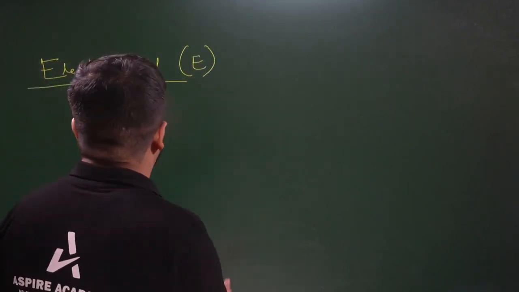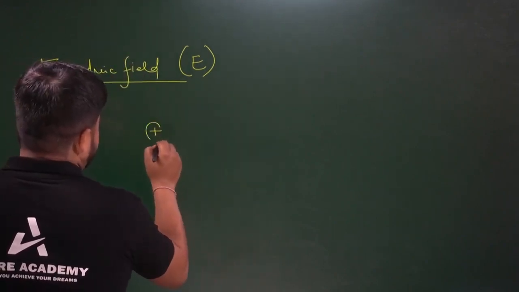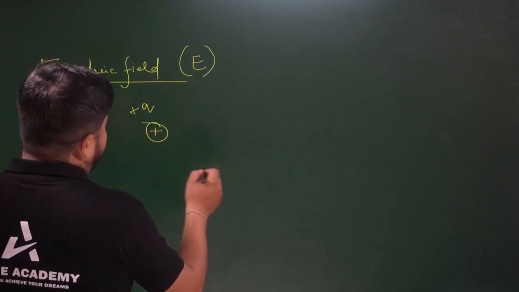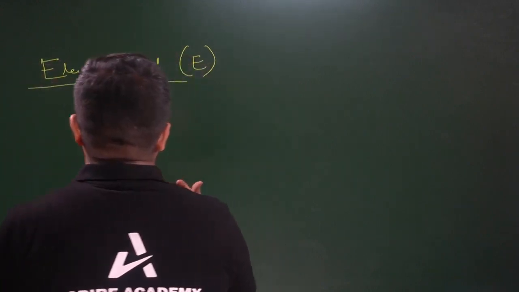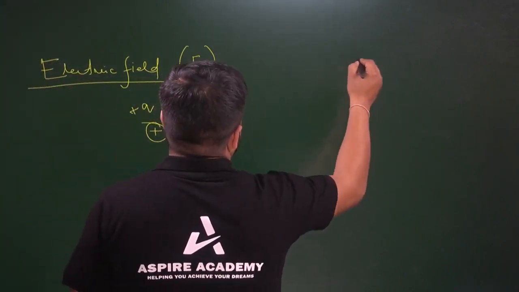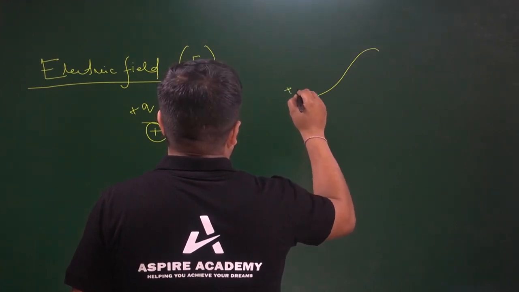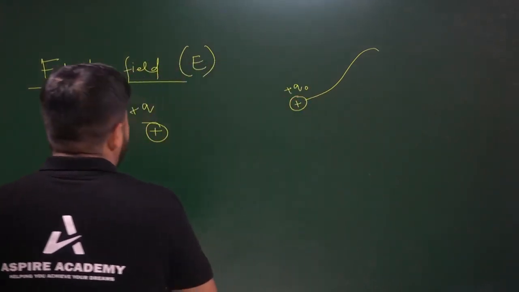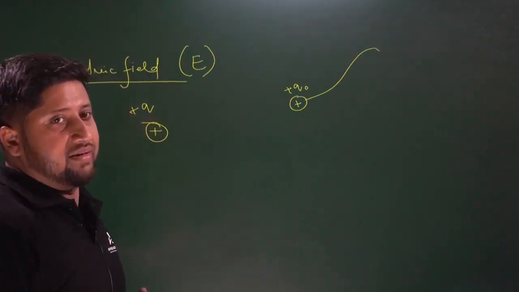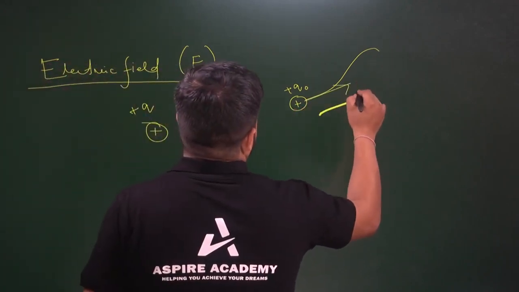Suppose a positive charge Q is placed here. Similarly, we bring another positive charge, Q naught, here. Since these are two positive charges, they repel each other, so the force will develop in this direction.